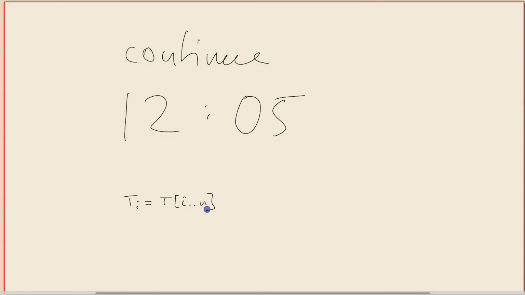Now that's not a suffix, right? The suffixes have to go until the end of the string. So these are all the suffixes of our text, banana Ben.